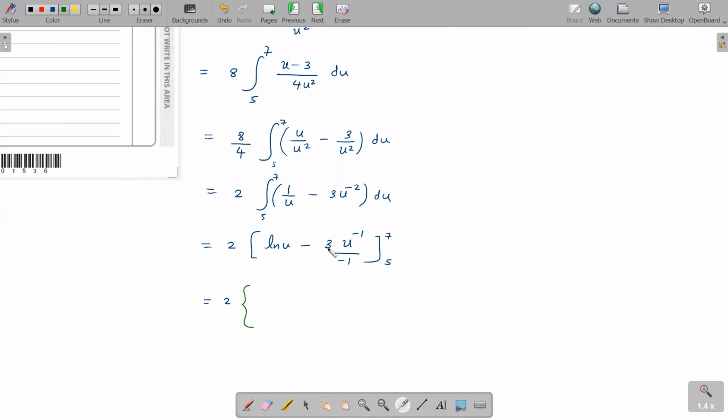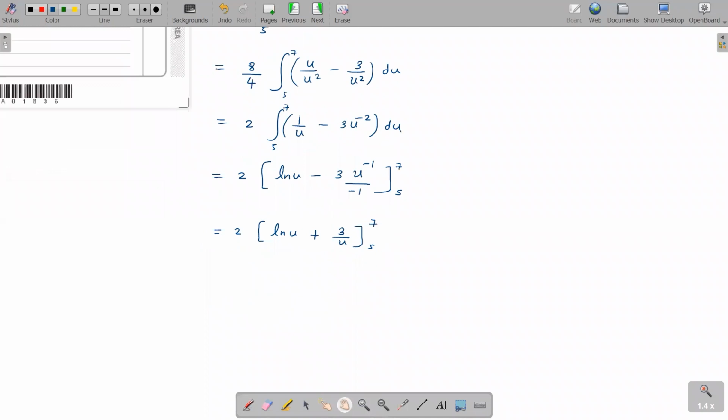So 2 times this is ln u, minus divided by minus is plus 3 over u. This looks easier to substitute. Let's input the limits: ln 7 plus 3 over 7 within brackets, then minus for the other limit, ln 5 minus 3 over 5.